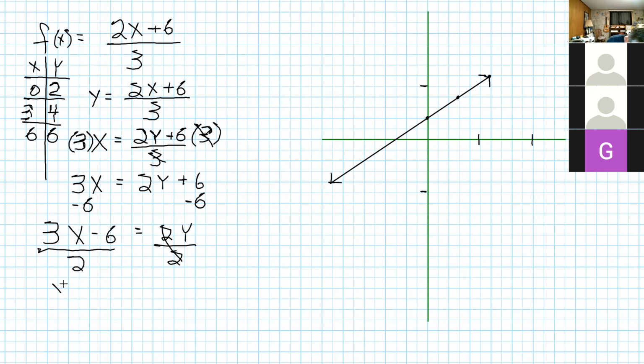So y equals 3 halves x minus 3. Okay, you see where I got this?